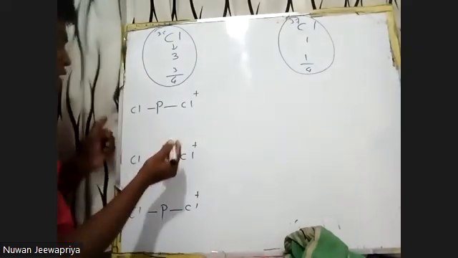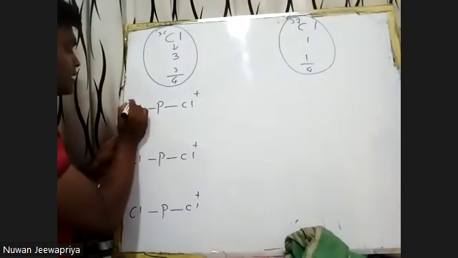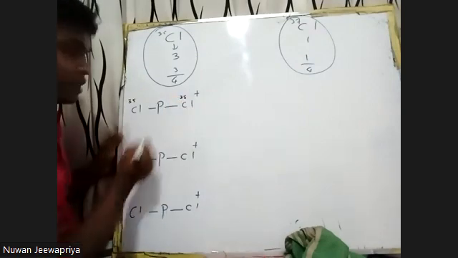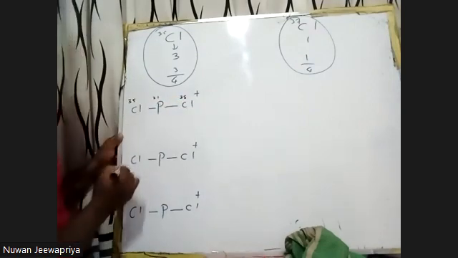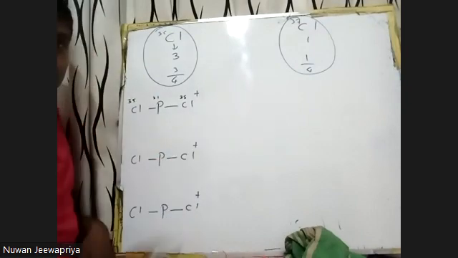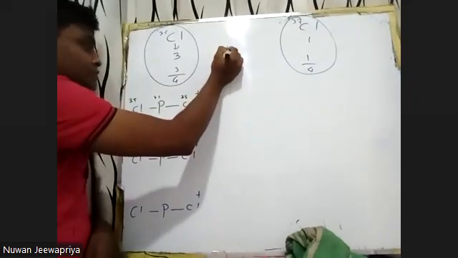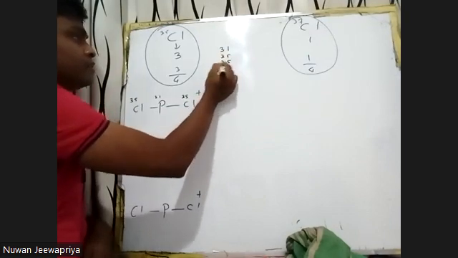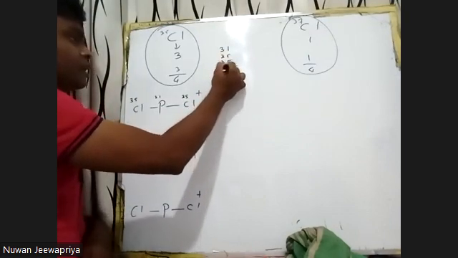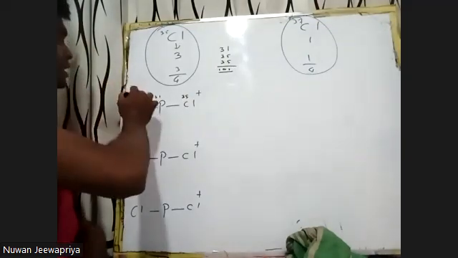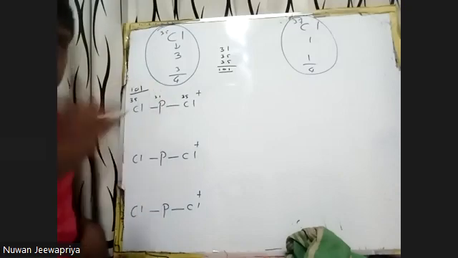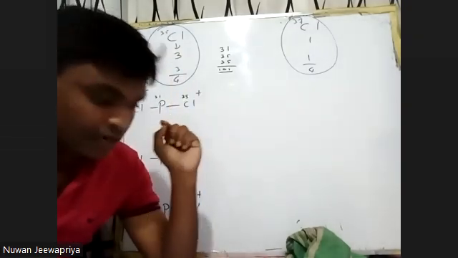Now, just imagine this chlorine is chlorine 35 and this chlorine is also chlorine 35. You know the phosphorus is 31, so it is 31 plus 35 plus 35, which is 101. There's a peak at 101 in the graph.